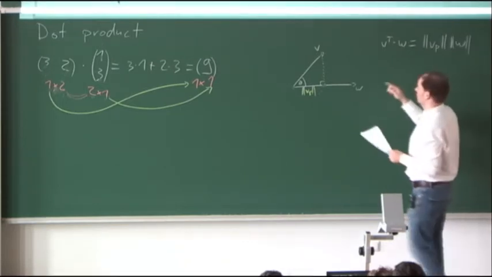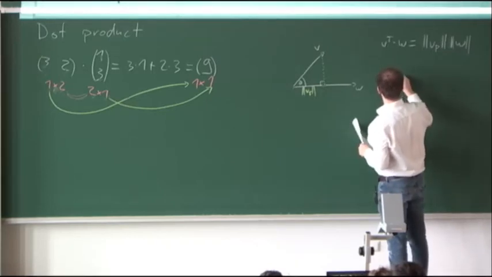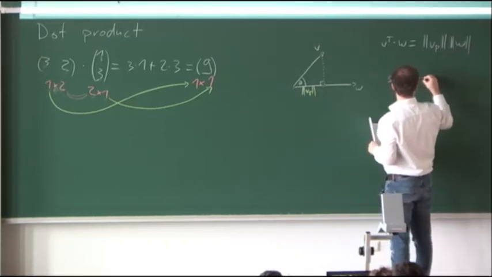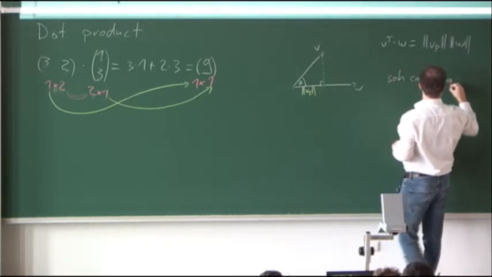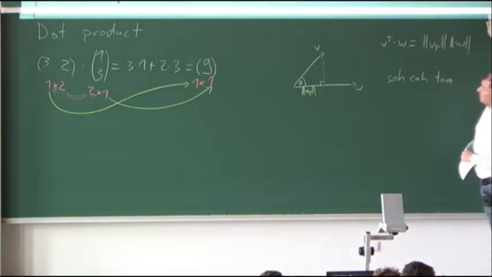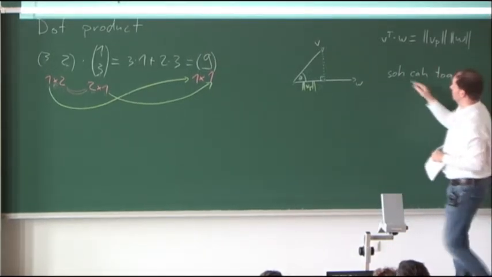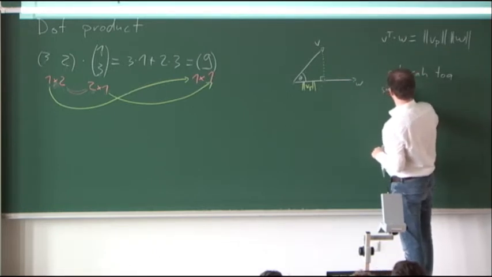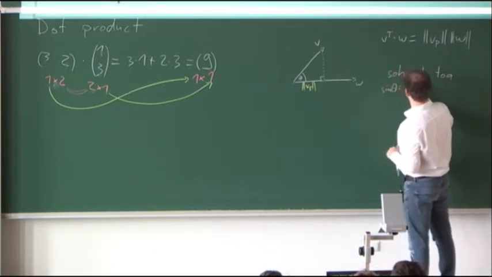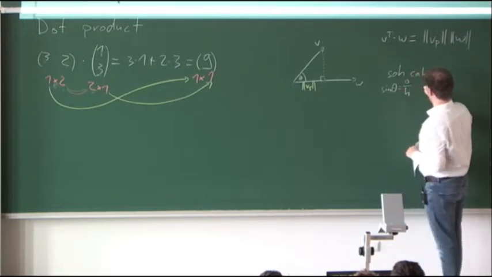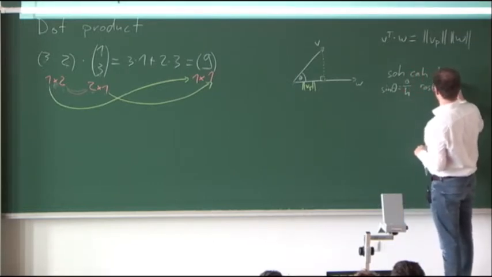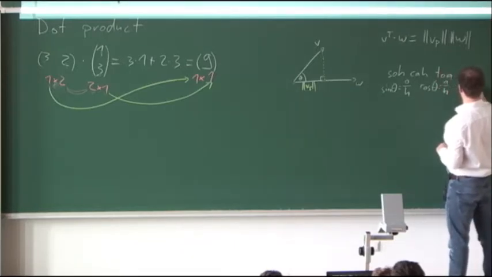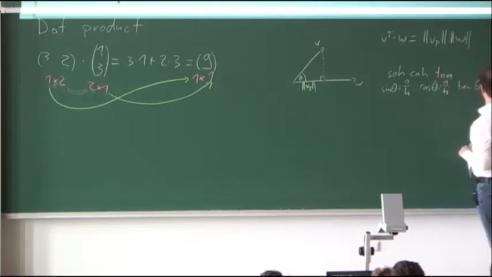Okay, so in English there's this thing, SOHCAHTOA, and this is just to memorize sine, cosine, and tangents. It says that sine theta is opposite over hypotenuse, cosine theta is adjacent over hypotenuse, and tangent theta is opposite over adjacent.